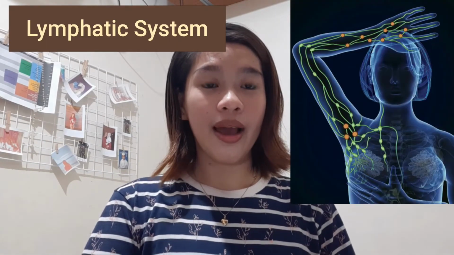My side effects and adverse effects are hot flashes, fever, and weight gain. The sixth system is the lymphatic system. My side and adverse effects are anasarca, angioedema, and new primary malignancy.